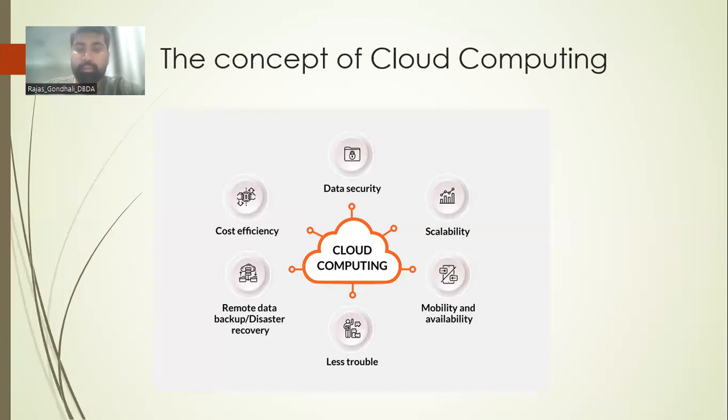physical storage centers. Movability and availability suggest that the data is available on the cloud. Say I am working from my place and I have a cloud connection, but my colleagues are working from other places. If we are connected to the same cloud, we can access the same data.